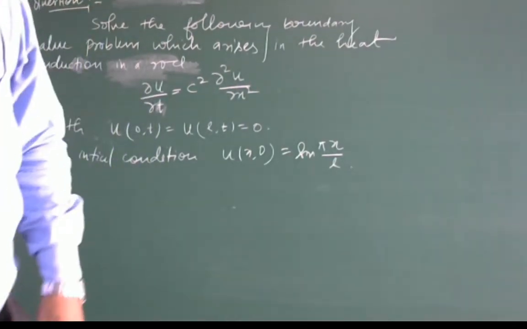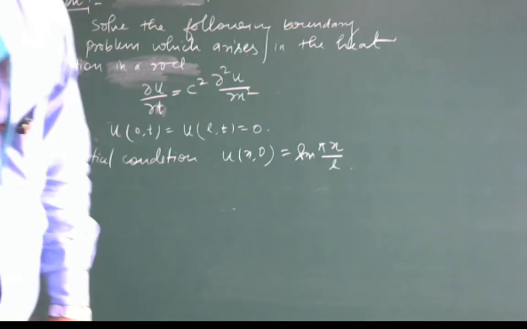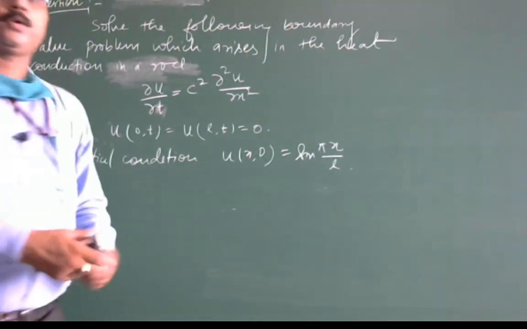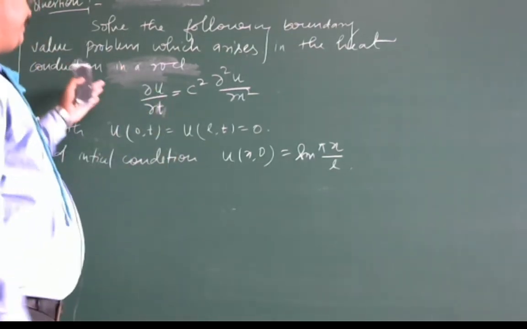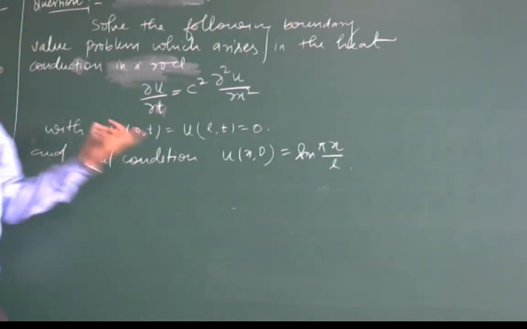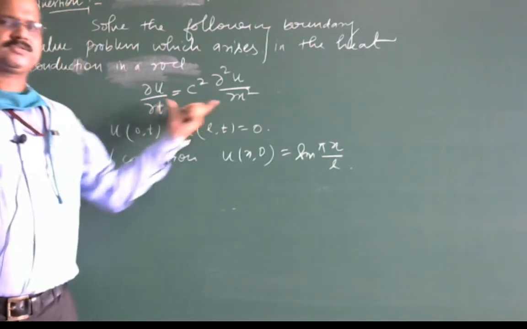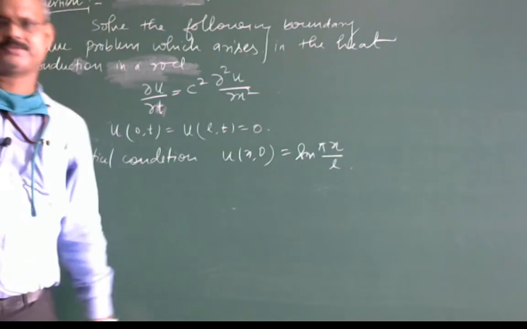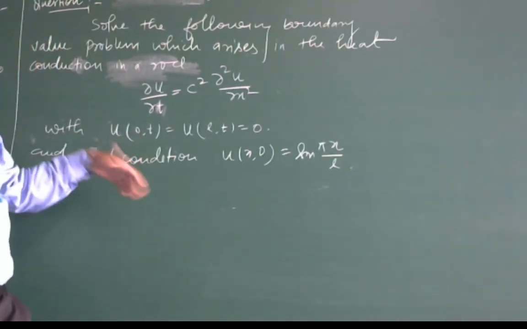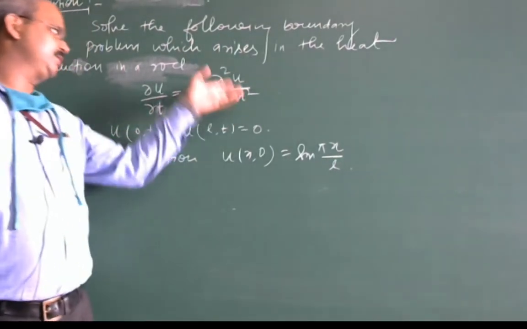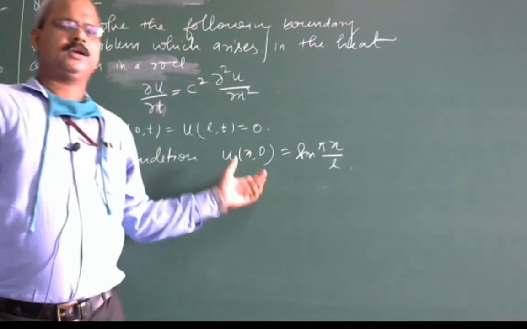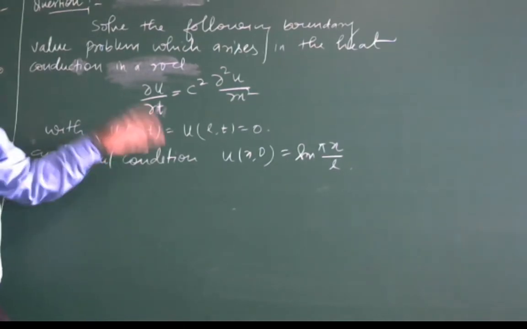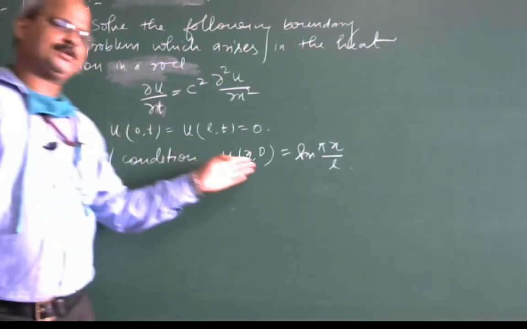Let us see. Students, I am going to tell you how to solve such a type of problem. In the previous lecture, we discussed the solution by using the boundary condition. Today I am going to discuss this scenario, and after applying the boundary condition, we will apply the initial condition also.